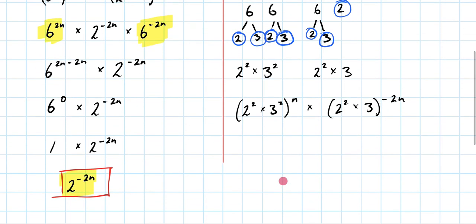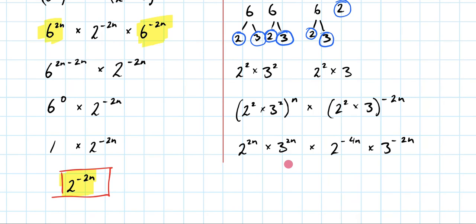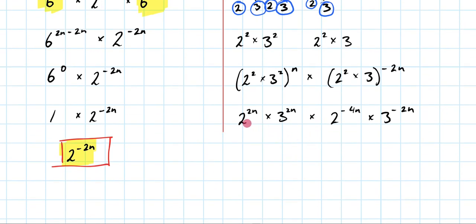Then I can write it as 2^(2n) times 3^(2n) times 2^(-4n) times 3^(-2n).